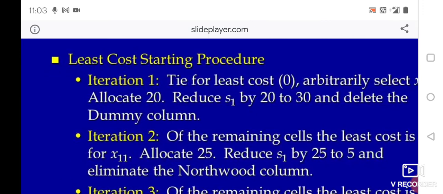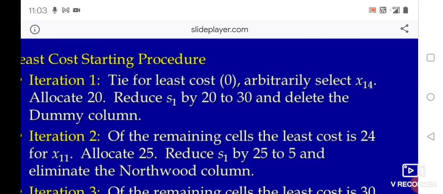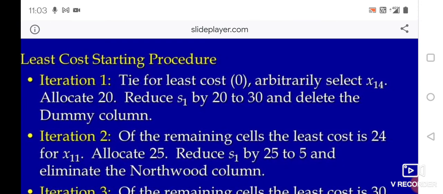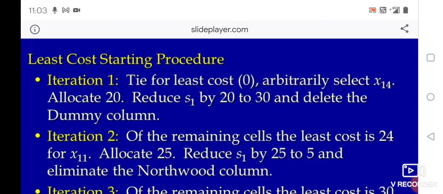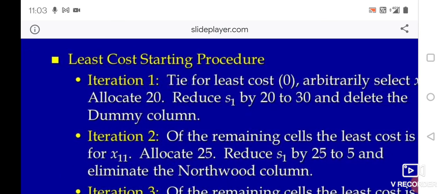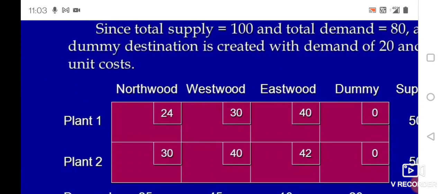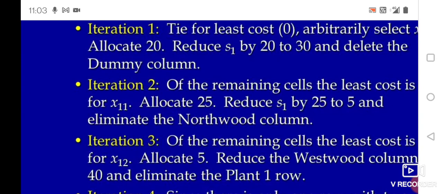And second, of the remaining cells, the least cost is 24 for x11. That means first row, first column. Allocate 25, reduce s1 by 25 to 5 and eliminate the Northwood column.